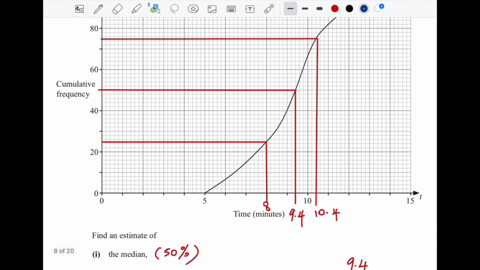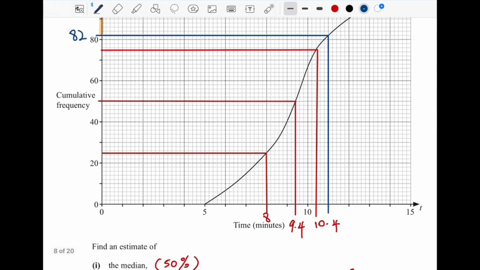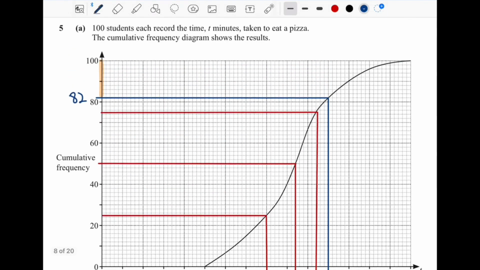From the graph, 11 minutes, read the y value. It is 82, since it's more than 11 minutes, so it's referring to here. How many students? 100 students minus 82, we have 18 students. It takes more than 11 minutes to eat a pizza.